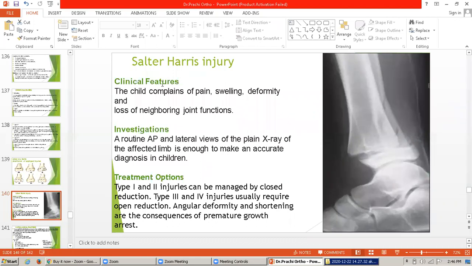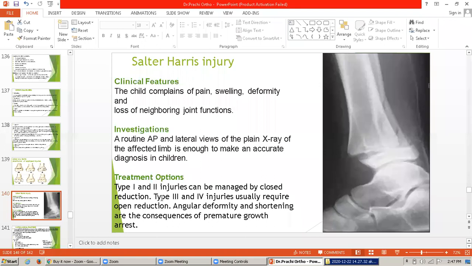Clinical features: the child complains of pain, swelling and deformity, and loss of neighboring joint function. The investigation shows that a routine AP, that is anteroposterior, and lateral view of a plain X-ray of the affected limb is enough to make an accurate diagnosis in children.